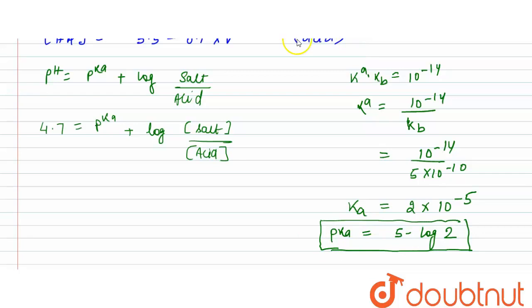So let's substitute this value now. You can say 4.7 is equal to pKa, which is 5 minus log 2, plus log of salt by acid. What is the concentration of salt?